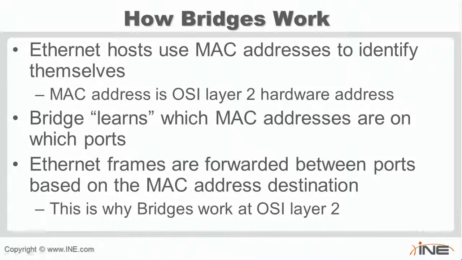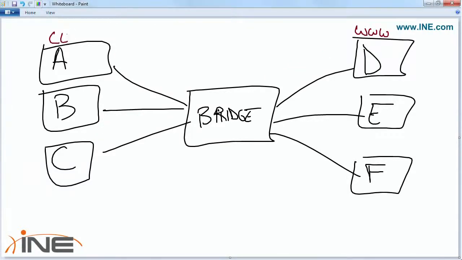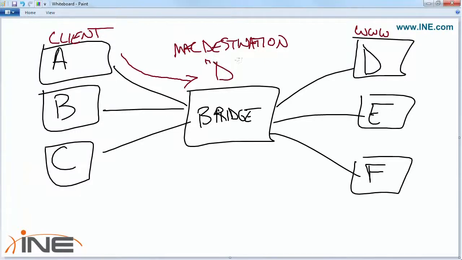So before it can send packets between A and D, if I have my web server here on D and my client is at A, when I try to send a packet in this direction, the bridge is going to look at the MAC address destination, and it's going to say the destination is D, and I know that D is connected on this interface. So then the traffic goes in that direction.